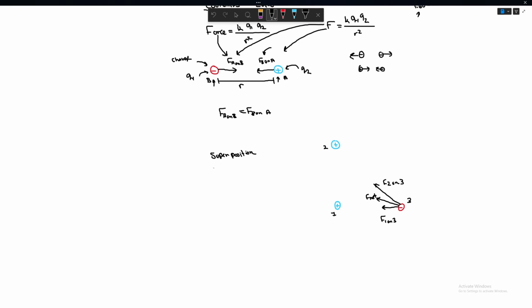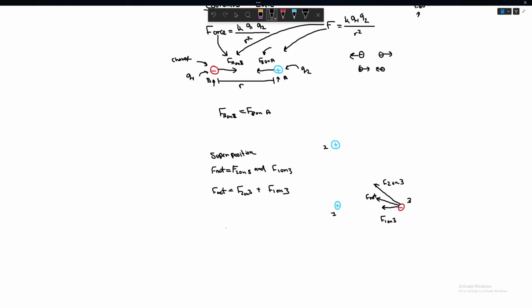Your F net, the actual effect, equals your F2 on 3 and F1 on 3. That's what it says.